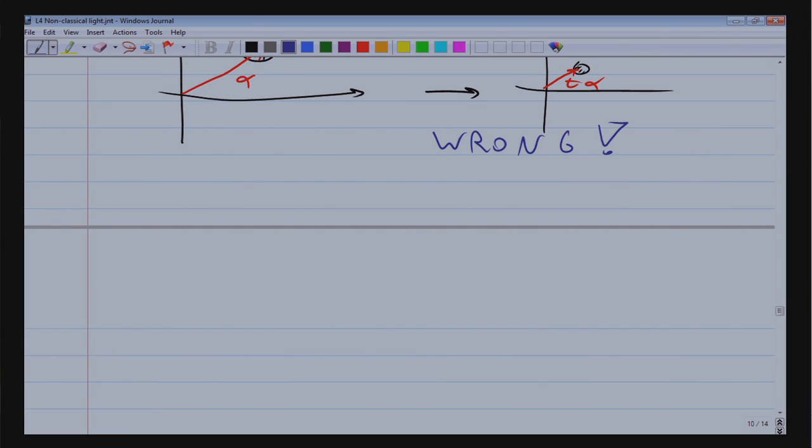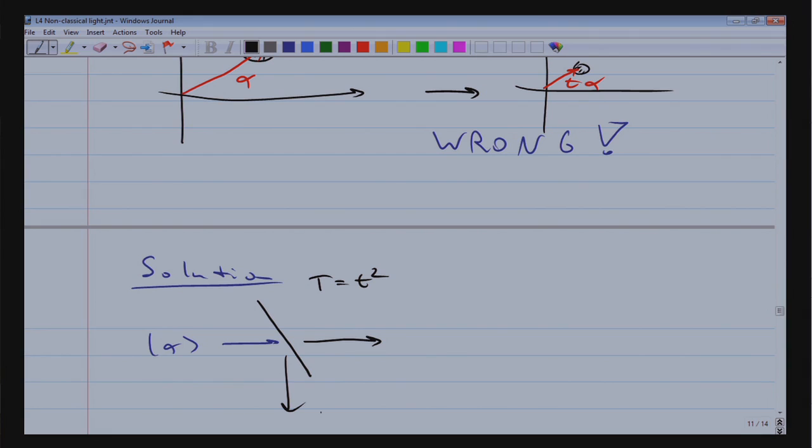We know already one way how we can attenuate an input beam, and maybe we should go back to the situation and analyze it. We can attenuate it with a beam splitter, and this beam splitter has a transmission coefficient of T. And then we get our transmitted coherent light. There is something getting reflected.